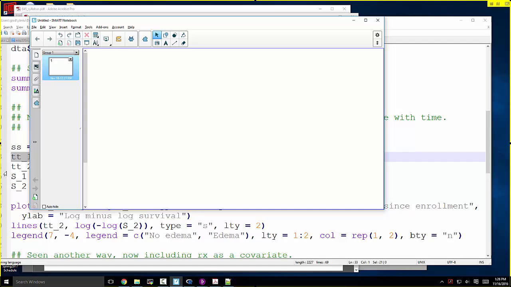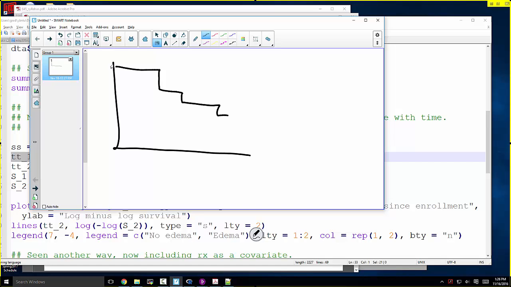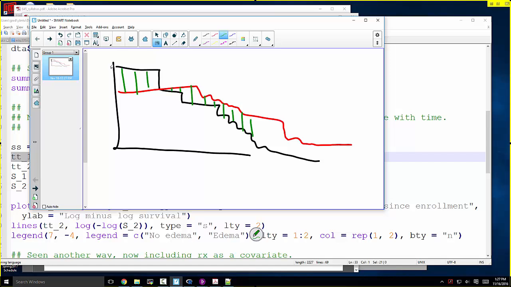so we might have two survival curves, that one, and say that one. And in order to make a log minus log plot of differences, we would need to have differences for a bunch of different time points throughout here and the corresponding survival probabilities, which we can find from the Kaplan-Meier output.